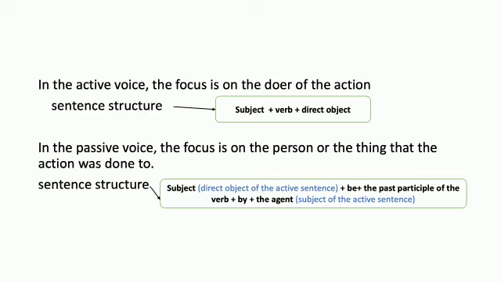So these are the main important elements in a passive voice sentence. By the agent, you can find it and you may not find it in some examples or sentences, so it's not really a focus here.